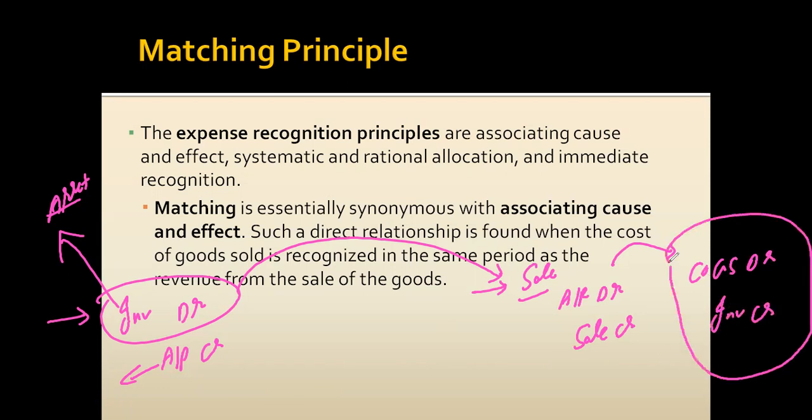You record this entry to follow the matching principle, because against this expense you are recognizing the revenue in this period. So any expense related to this revenue must be recorded in this period itself, correct? We can have a few more examples related to the matching concept.